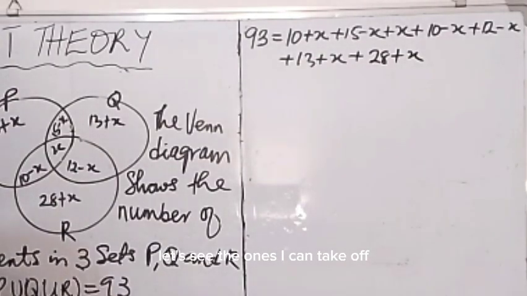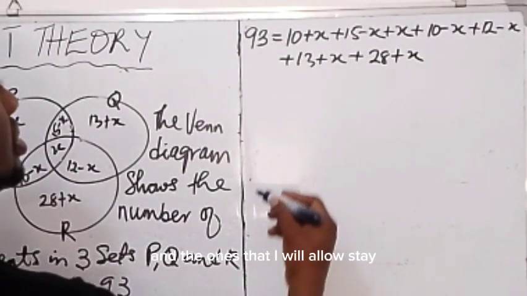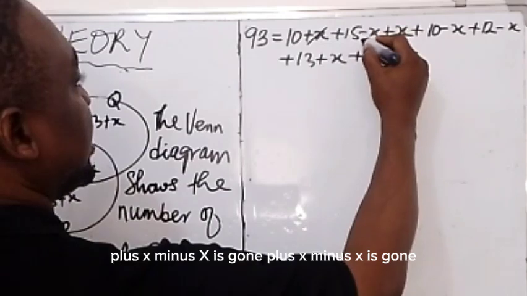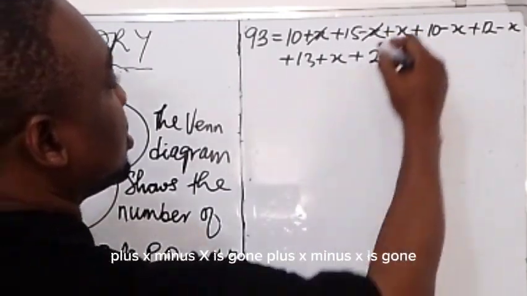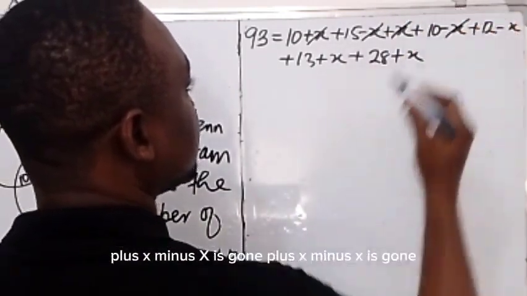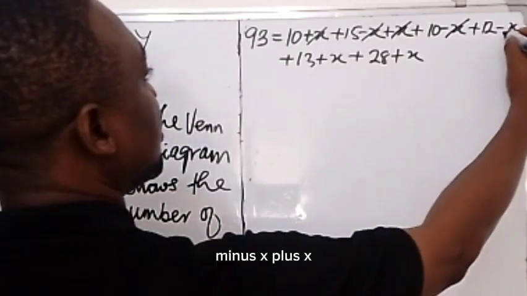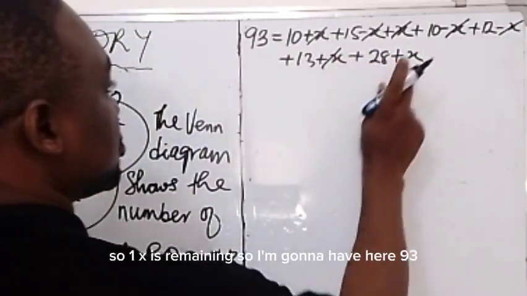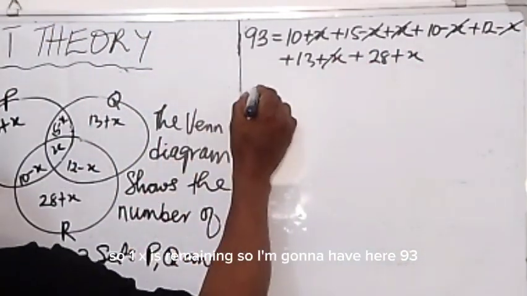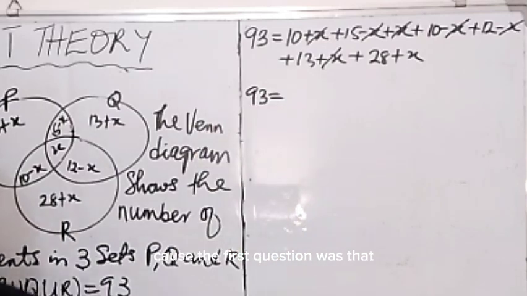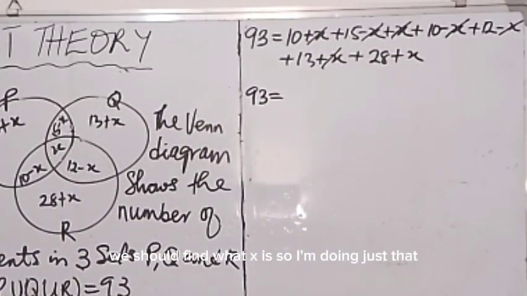Let's see the ones I can take off and the ones that I will allow to stay. Plus x minus x is gone. Plus x minus x is gone. Minus x plus x. So 1x is remaining. So I'm going to have here 93, because the first question was that we should find what x is. So I'm doing just that.